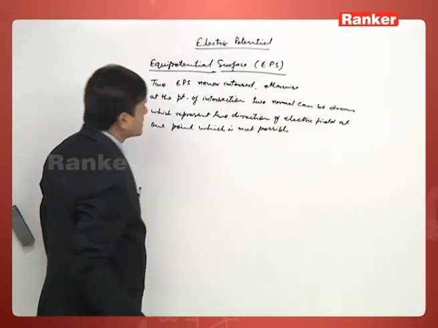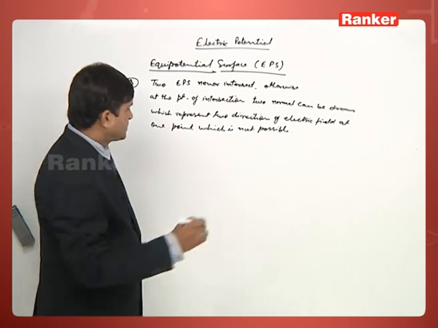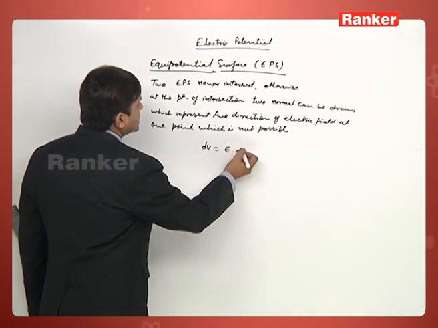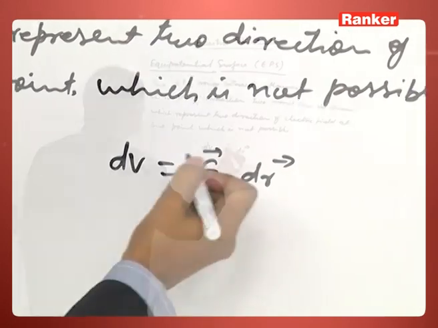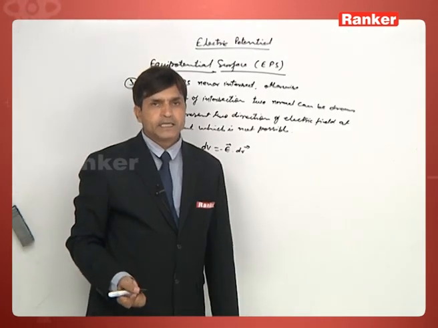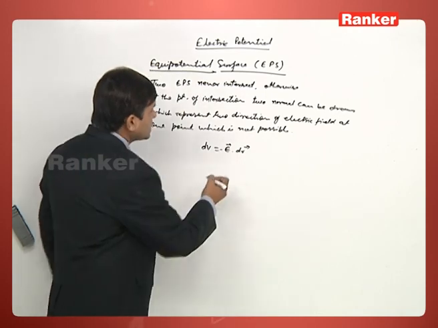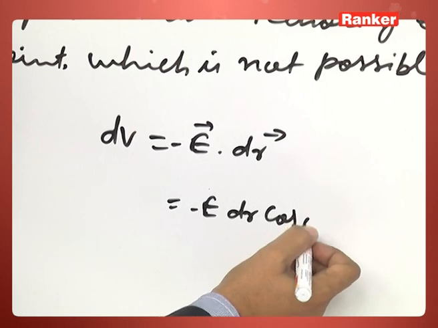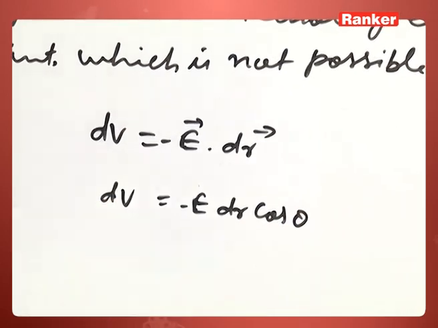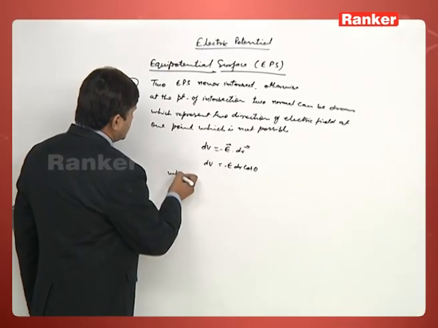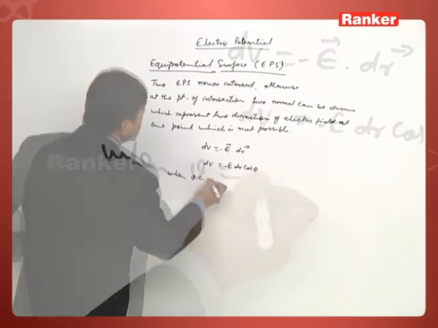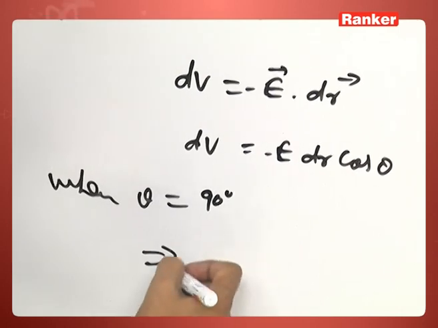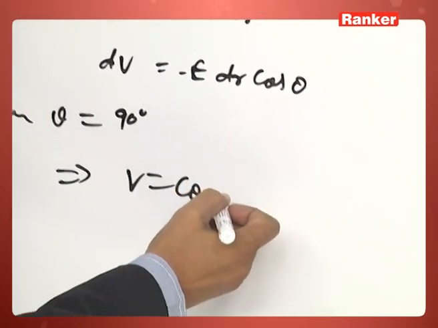The meaning is that, as we have seen earlier, dV is written as minus E dot dr, or E dr cos theta. When theta is equal to 90 degrees, we get V constant.